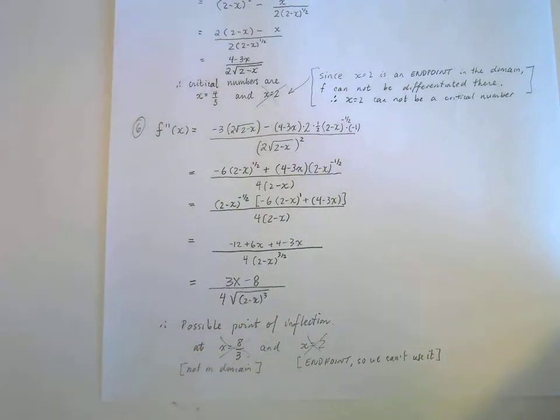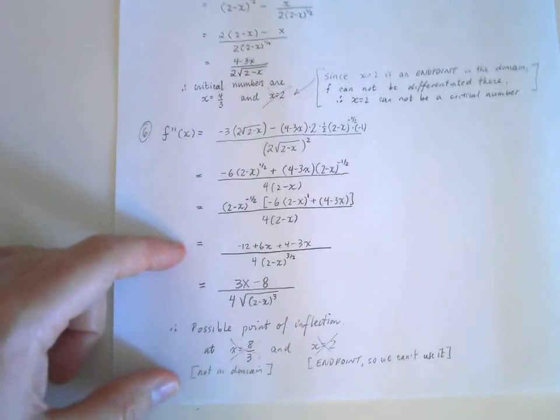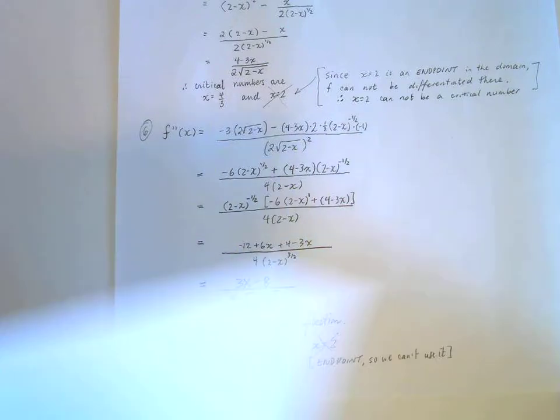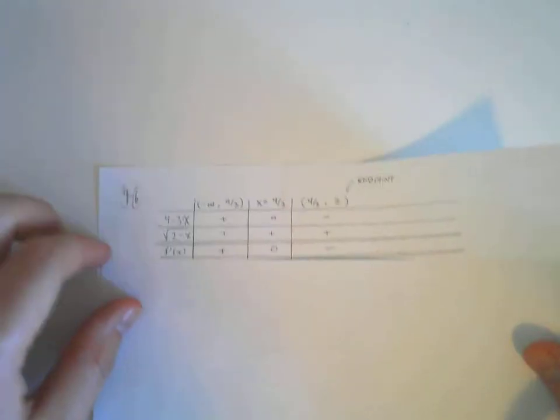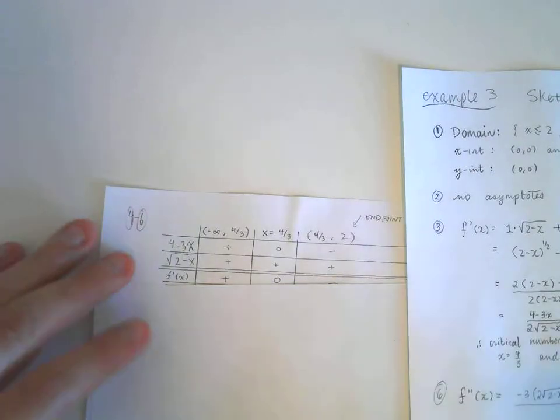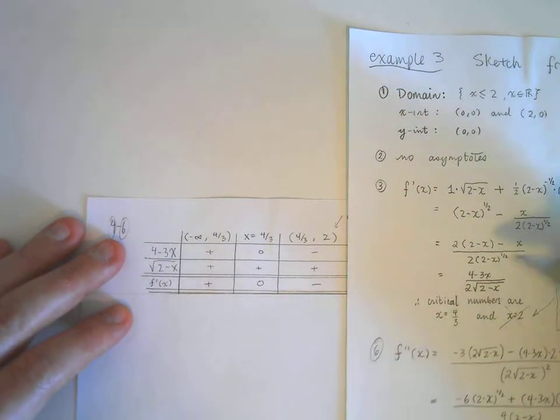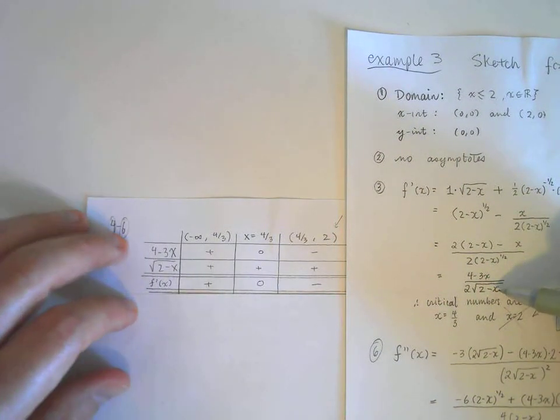So what that means is that we're going to have to chart out the information from our critical numbers and from our points of inflection, with our first and second derivative. So let's look here. I'll put this right alongside it. So here's my first derivative.